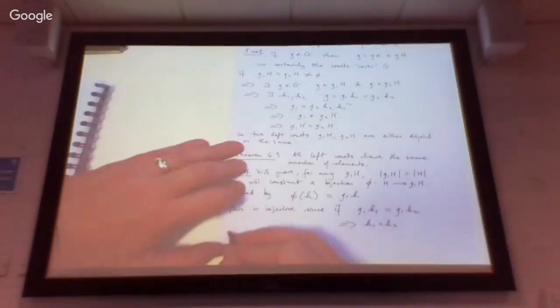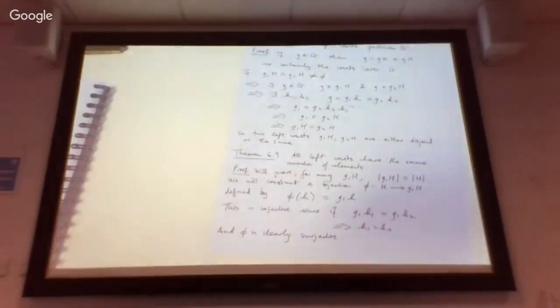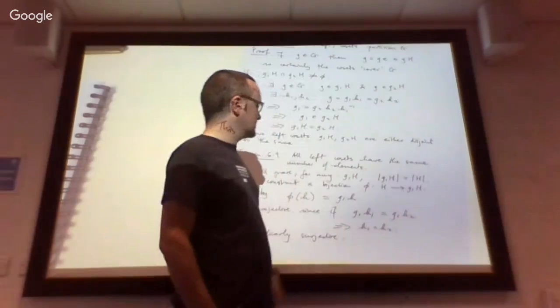And phi is clearly surjective, onto. By construction, is everything in G1H hit by phi?